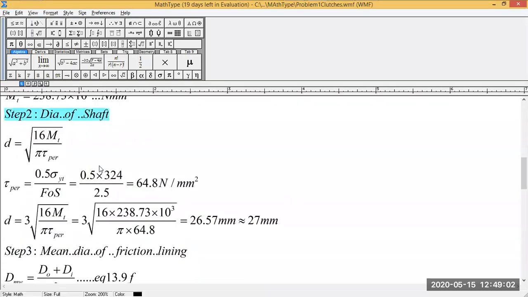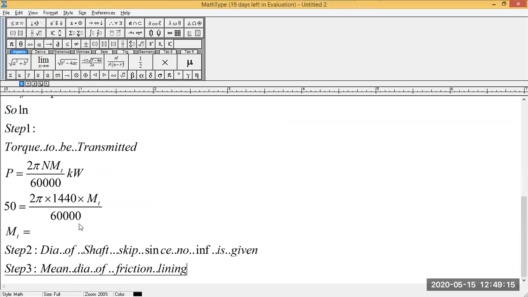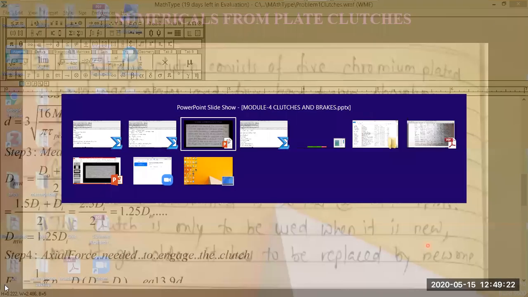Okay, we can move on to step 3, which is the friction diameter. But here we can't use the earlier formula because we are no longer following the uniform wear theory. We are now following the uniform pressure theory, so it is different. Go back to the presentation.